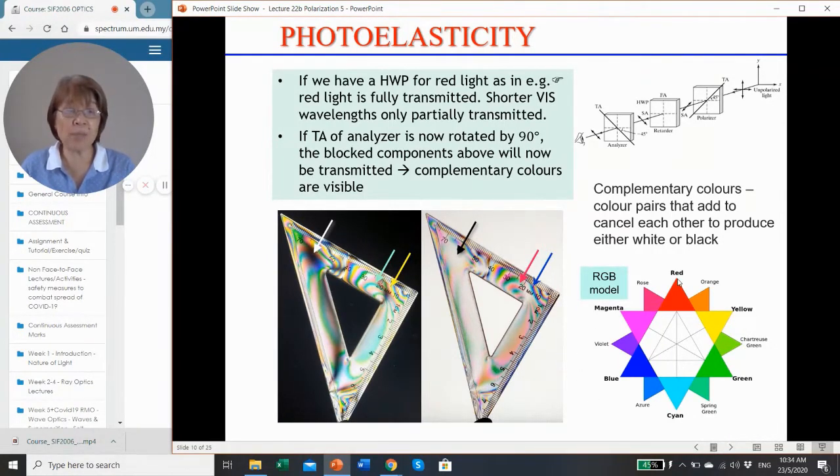Now, the complementary color of red will be cyan, magenta will be green, blue will be yellow. As you have seen here, blue, you get yellow. This turquoise color is somewhere between here and here, so you'll get this rose color over here. And this is black, complementary is white.